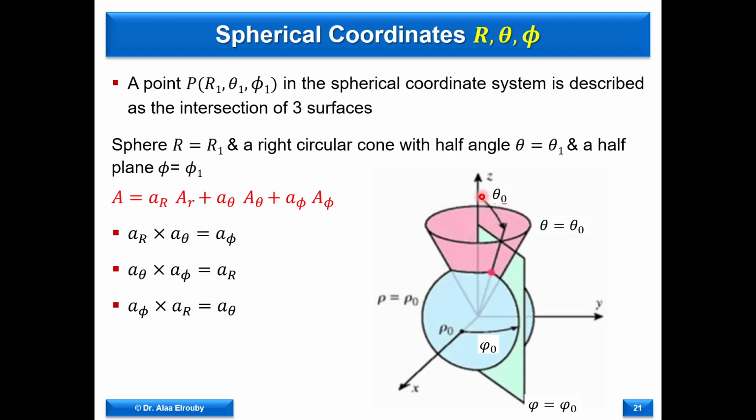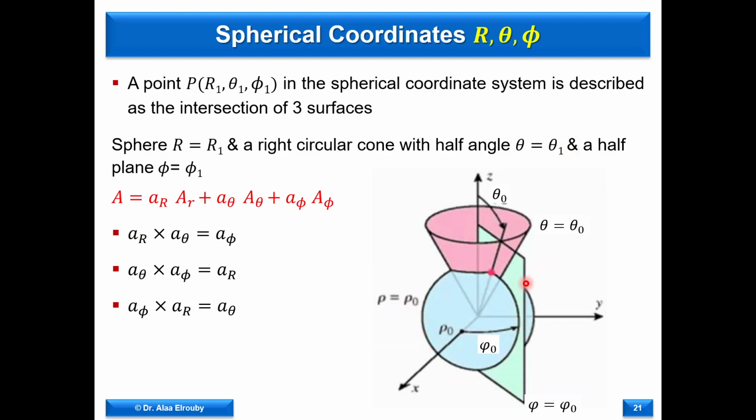So A theta is tangential to this arc, away from the z-axis, so it is normal to the arc in this direction. AR is from the origin to the point in the outward direction.